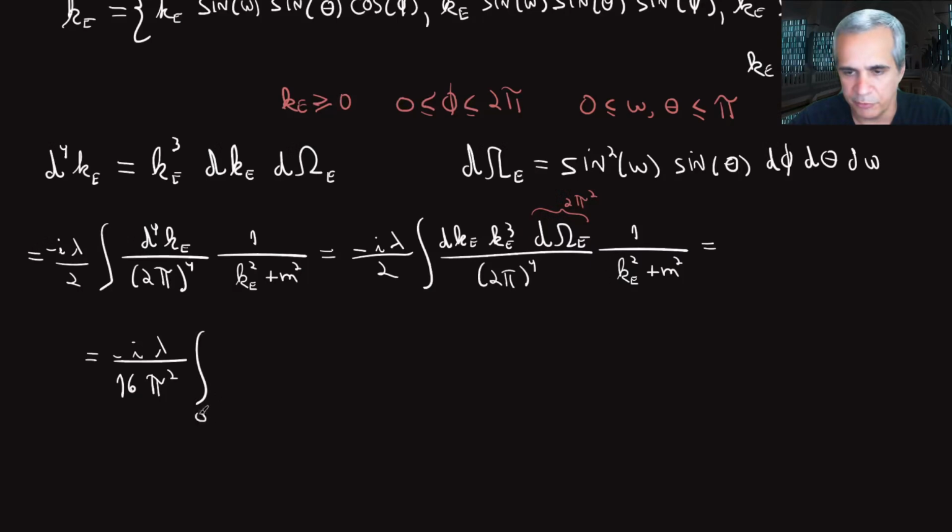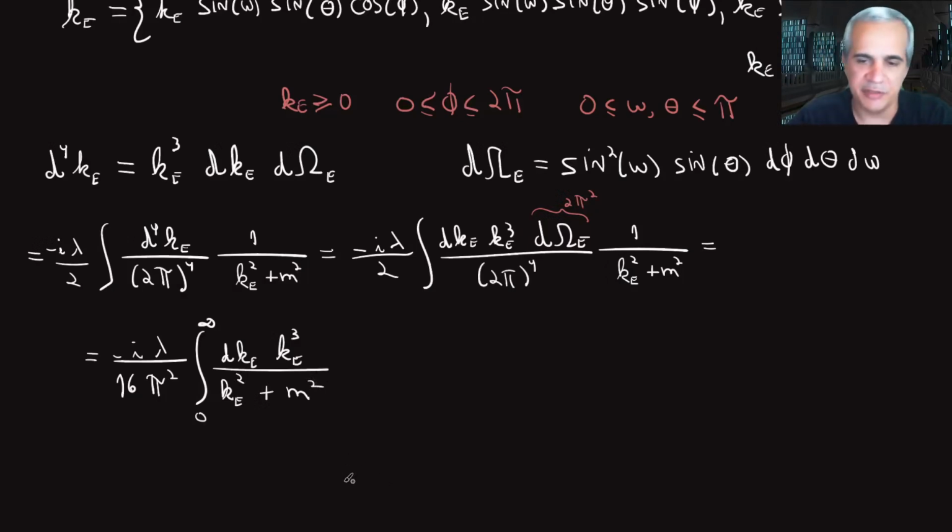Integral from 0 to infinity over the size of the vector, k_E cubed over k_E squared plus m squared, right?